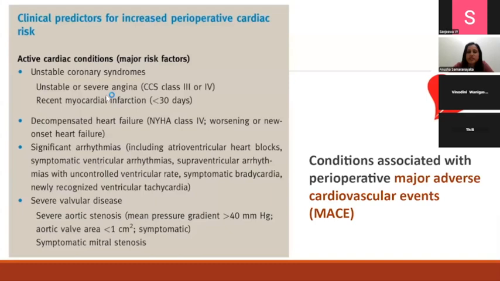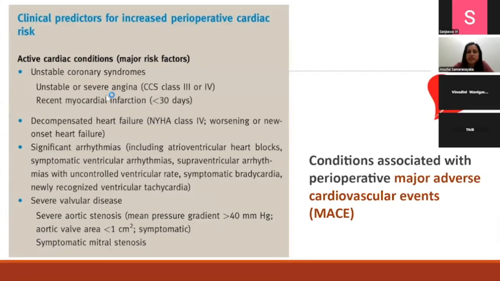So if a patient with a recent MI, less than 4 to 6 weeks, is going to undergo a surgery, you have to keep in mind that, compared to a normal individual or one with established coronary syndrome, this patient has an additional risk of developing MACE.